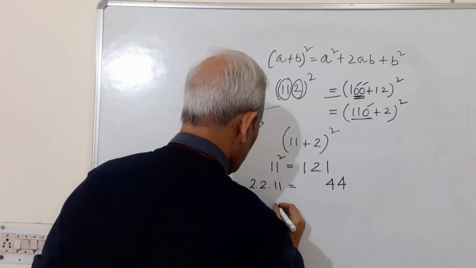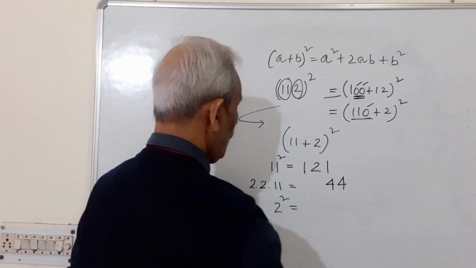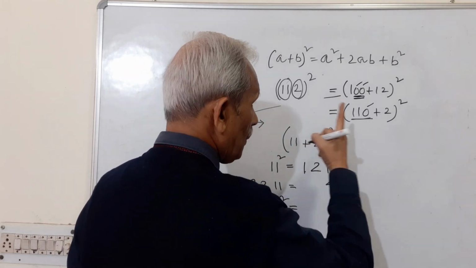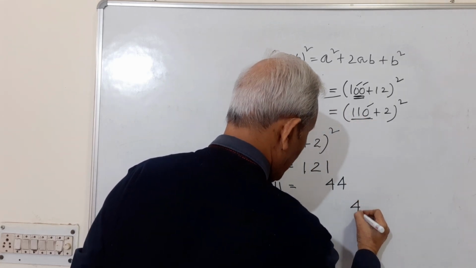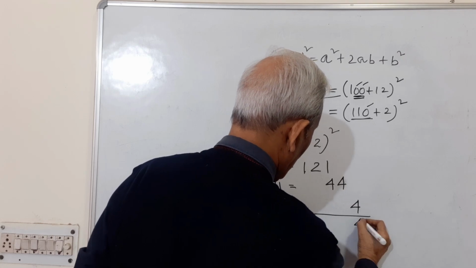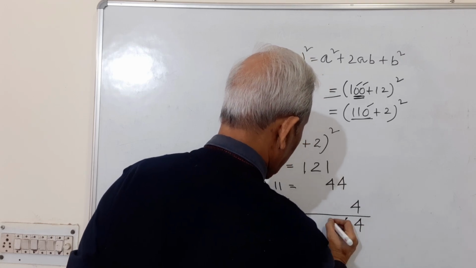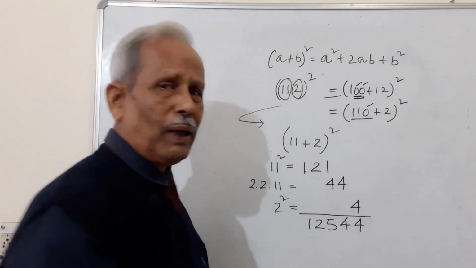Then 2 square is 4, and again you keep it one space shifted. Add it, the same answer 1, 2, 5, 4, 4.